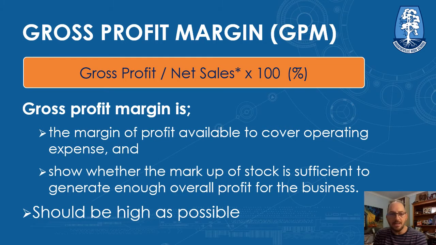Okay, so with a trading entity, you'll buy stock in and mark it up and sell it, and you need to know if that markup is going to be enough to cover not just the costs of the purchases, but also your operating expenses, and to leave enough to turn a profit.